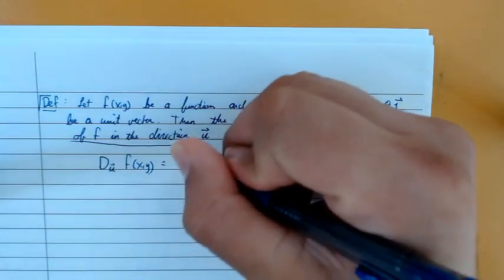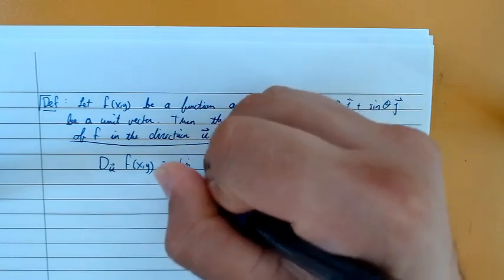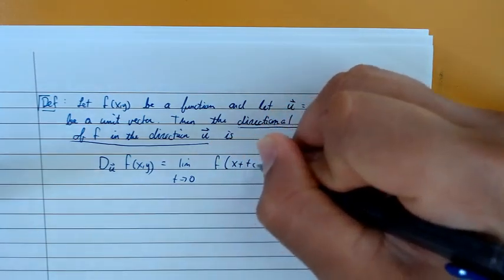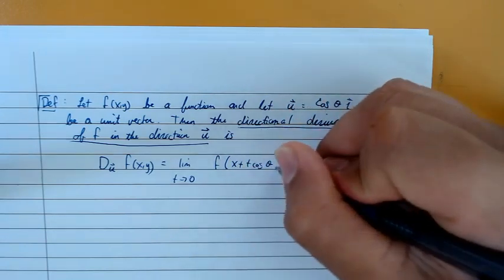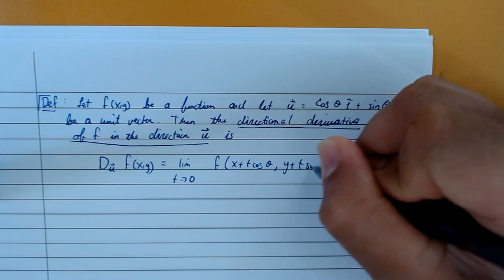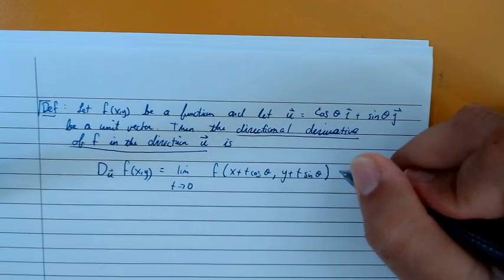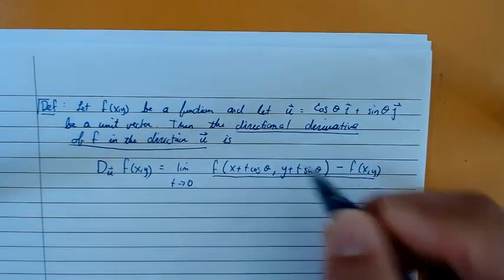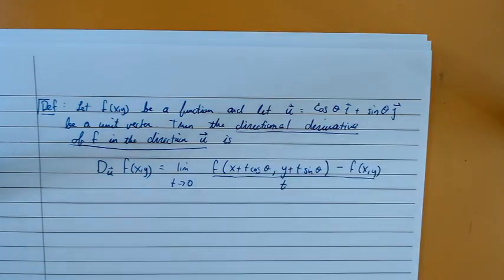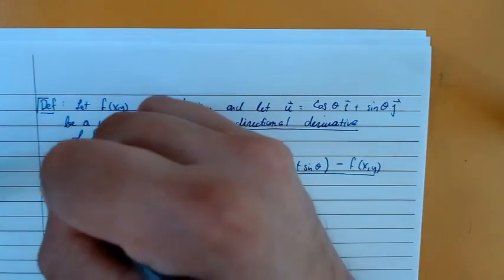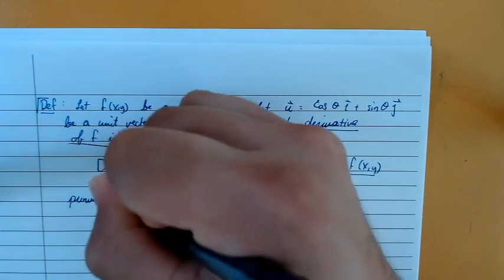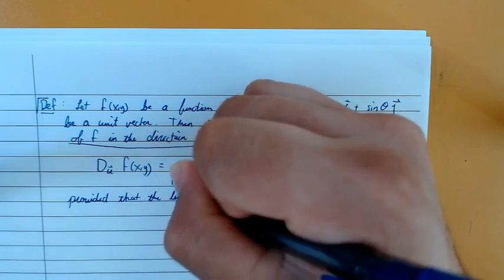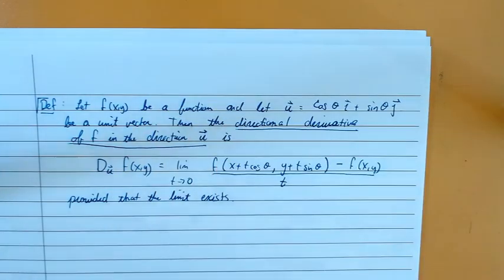That's going to be given by the limit as t approaches 0 of f of x plus t cosine of theta, comma y plus t sine of theta, minus f of x comma y, all over t, provided that the limit exists.